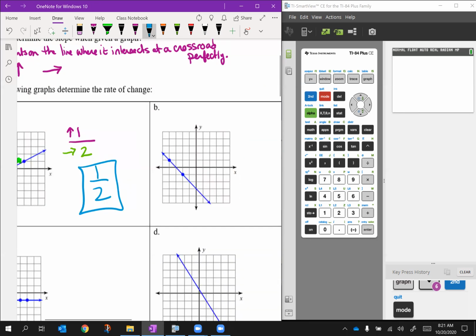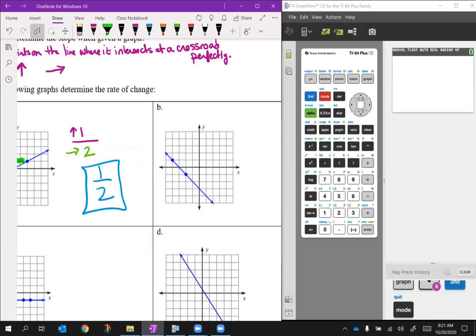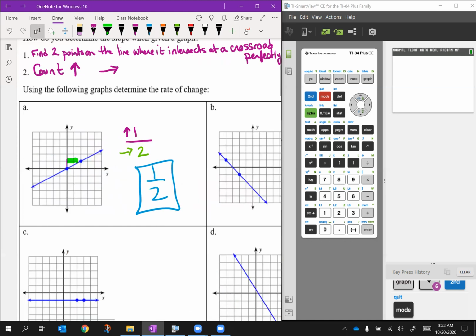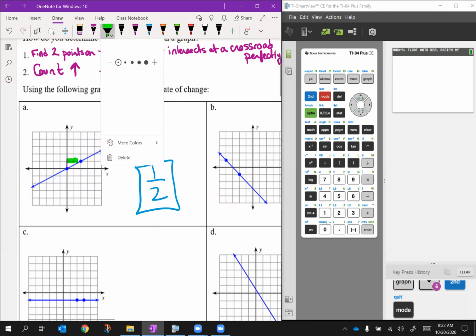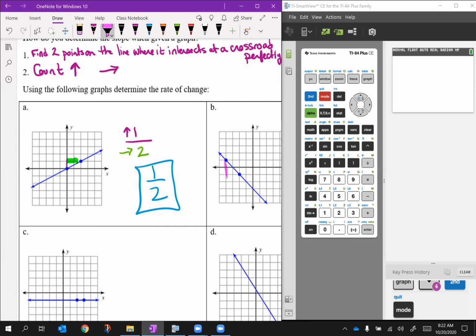Go to B. How does it move first? Up or down? And then left or right. So I guess it depends on how you look at it. So let's plot the path. So up or down. So here's 2 crossroads.